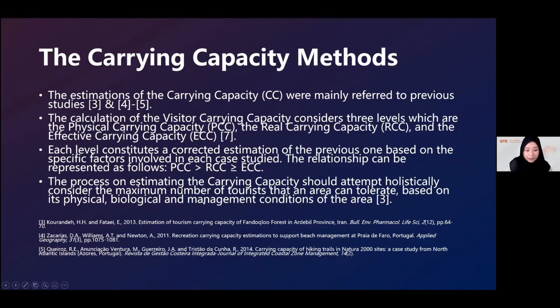Then this is management, where we can have management tools, like tickets. They need to pay to enter the area, or we can control the time they can enter the area. All right, but this study is only limited to the biological condition.